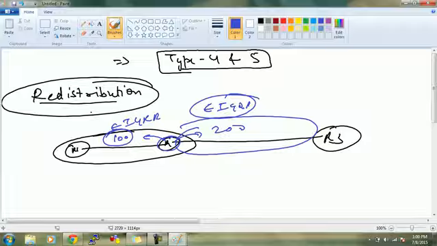This thing is clear. Now, if you want to make this communication possible, that process is called redistribution. Redistribution means transferring one protocol's information into another, or in technical words you will say injecting one protocol's routes into another protocol.